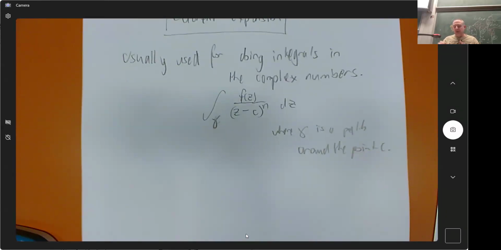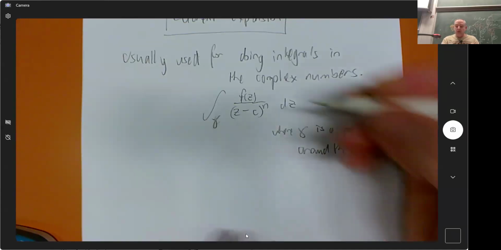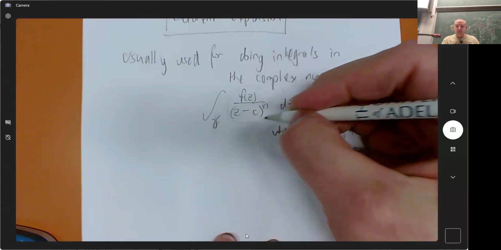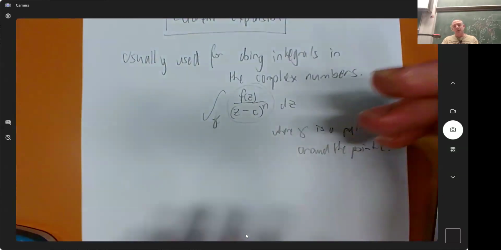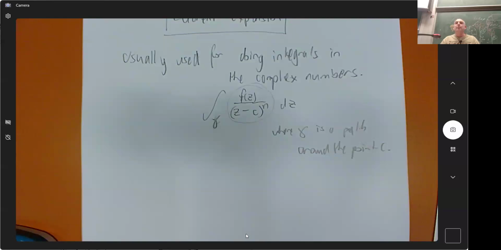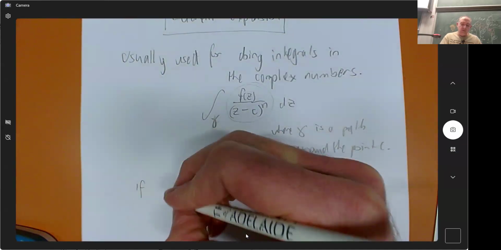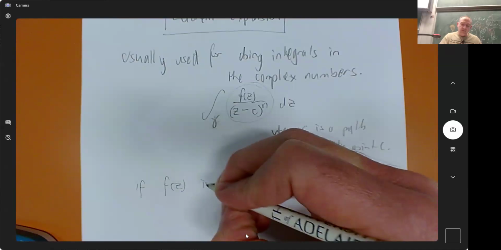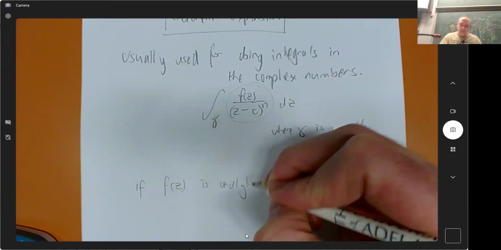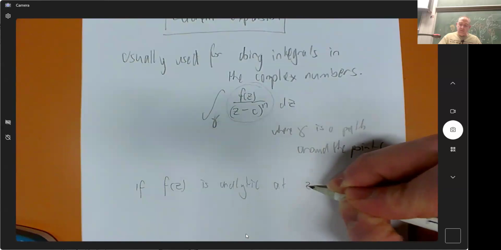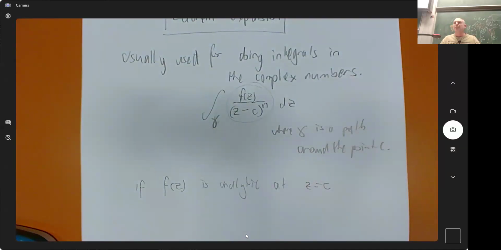So the reason I wrote that is just for my own purposes to get to the point where I wanted to, which is that this thing here is what the Laurent series is all about. So the idea is that if you have a function that is analytic at a particular point, so if f of z at z equals a particular center, I'm calling it C, your lecturer probably calls it Z0.